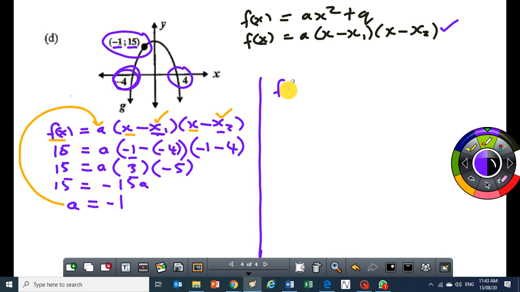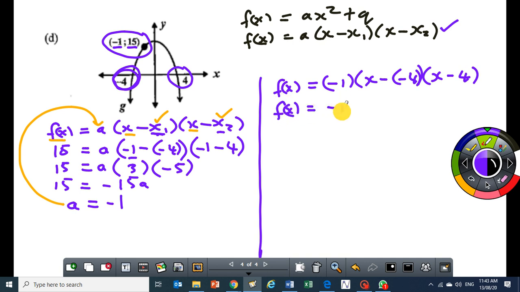Okay? So we'll end up having f of x is equal to minus 1 times x minus 4 times x minus 4. So that will give me f of x equal to minus 1 times x plus 4 times x minus 4. Okay? Now, because we have got this minus 1 here, I'm going to simplify this part first.